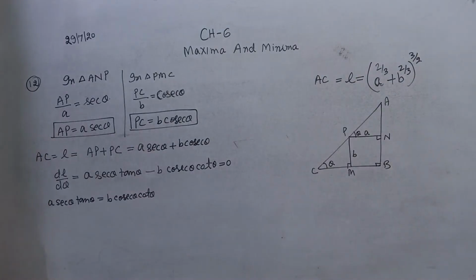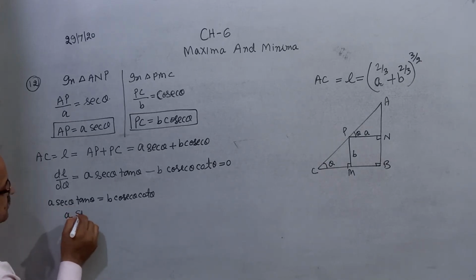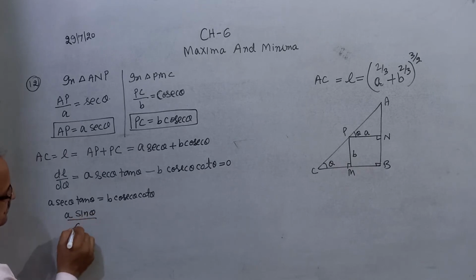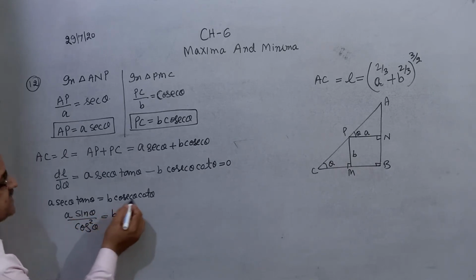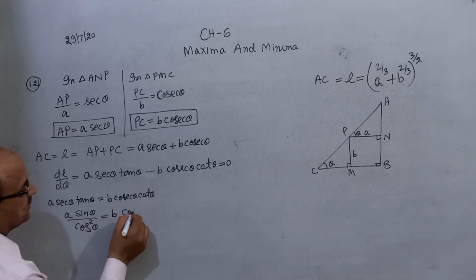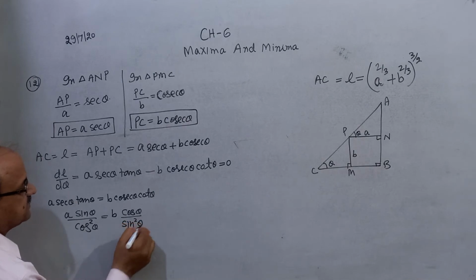Now convert into the simplest form, in terms of sine and cos. You can write it as 1 by cos, sine by cos, so sine theta by cos square theta, equals 1 by sine, cos by sine, so cos theta by sine square theta.